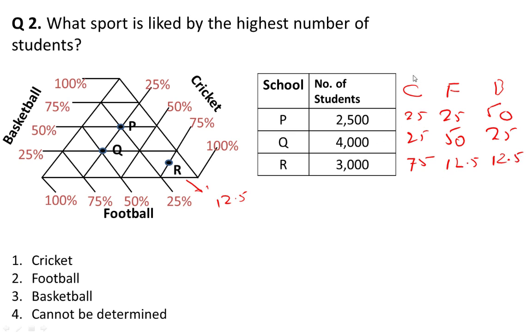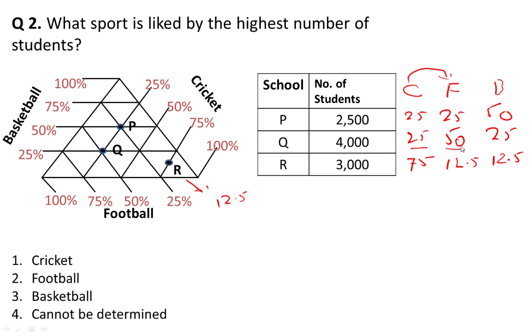Now compare cricket and football. What can I see about P? 25% of P for cricket, and football is also 25% of P. So here the number will be the same. What about school Q? Cricket is 25% of 4,000, and here football is 50% of 4,000.